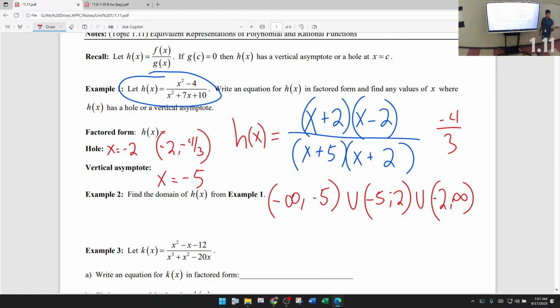I'm not sure. I'll check with my grader friends, Miss Mims and somebody over at West. I used to accept -infinity, infinity, x cannot be -5 or -2. I used to accept that because my college professor used to accept that.